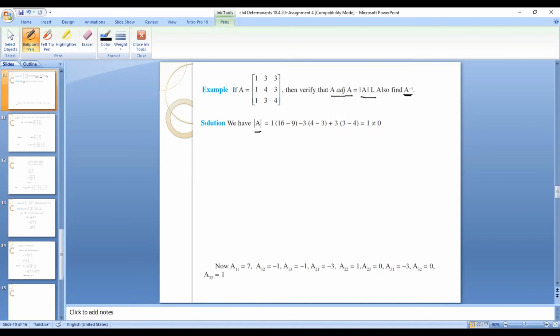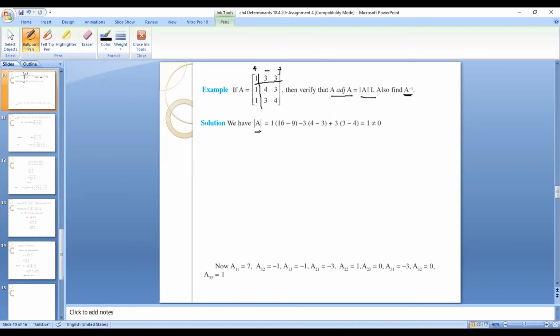The determinant of A will be equal to, expanding along the first row with signs plus, minus, plus: 1 into (4 fours are 16 minus 9), minus 3 into (4 minus 3), plus 3 into (3 minus 4). So 16 minus 9, minus 3 into 1, plus 3 into minus 1.